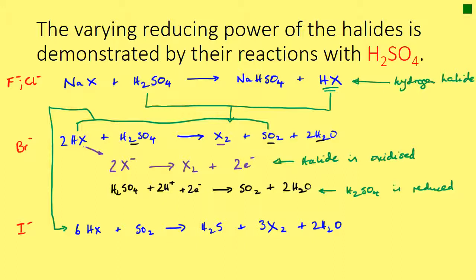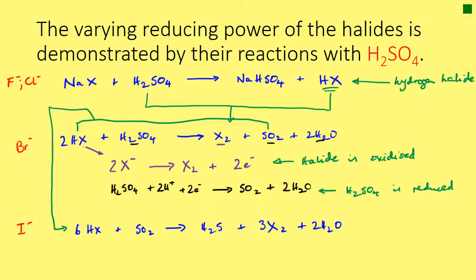So for iodide, your hydrogen iodide reacts with sulfur dioxide here, in a further reaction still, and that is another reduction reaction where the hydrogen iodide reduces the sulfur dioxide further to hydrogen sulfide or sulfur. Okay, according to this reaction here.